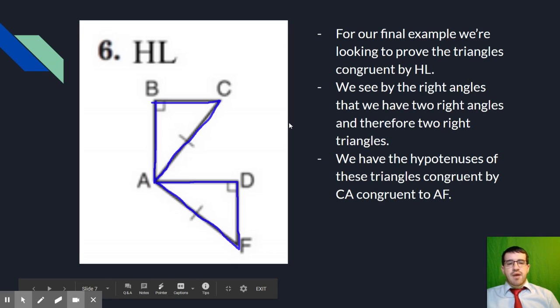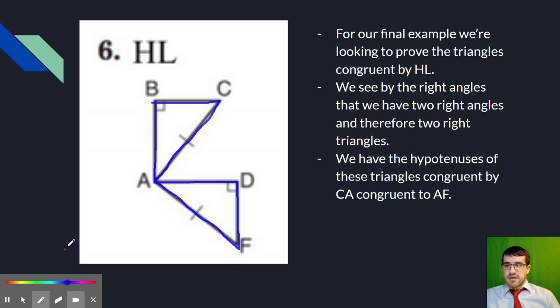And we see that the hypotenuses of these triangles are congruent, with CA congruent to AF, because they are marked with a single tick mark. So what we want to do is make sure that we show that. And I'm just going to draw a green line through it to show that the hypotenuses are congruent.